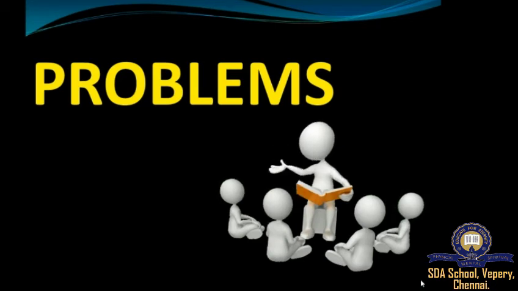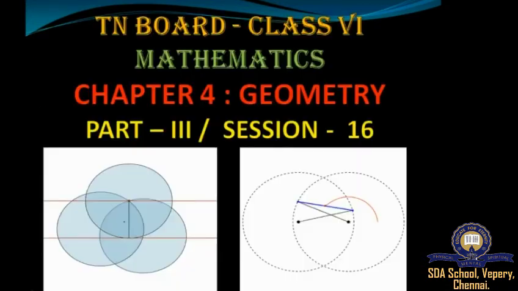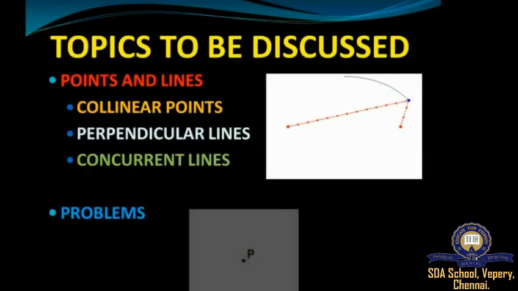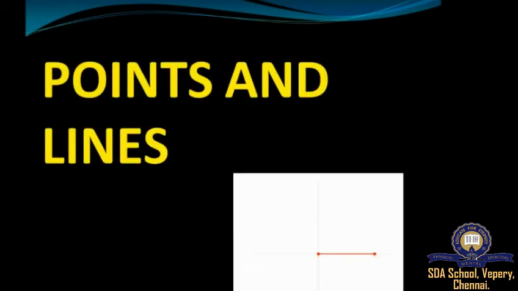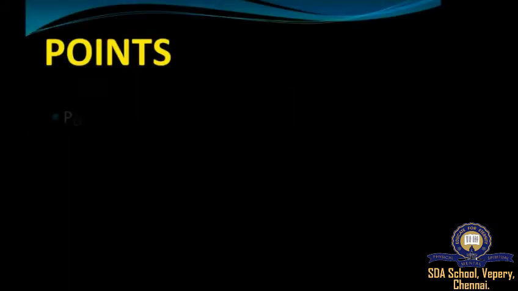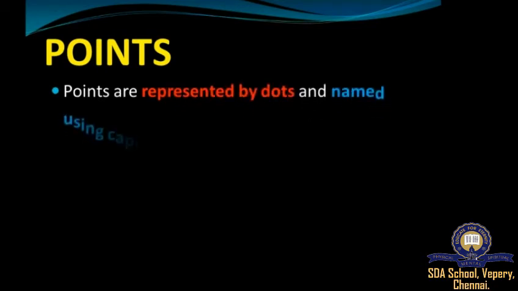Now I'll do a recap of what we learned in today's class. First we looked into points and lines. We saw points with the help of an example. Points are generally represented by dots and they are named using capital letters.